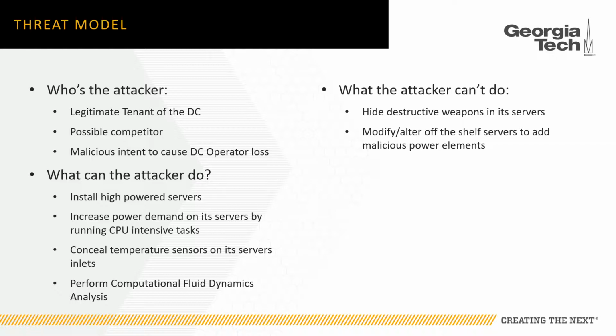And within the context of the paper, the attacker in this case would be a legitimate tenant of the data center, someone who could be a potential competitor, and definitely someone that would have a malicious intent to cause a loss to the data center operator, both financially as well as in the image or branding of that data center operator. Now, what can the attacker do based on the assumptions that are being made in this analysis?